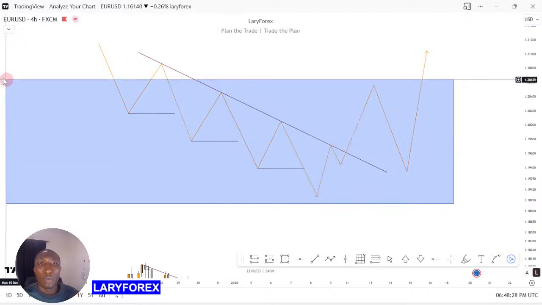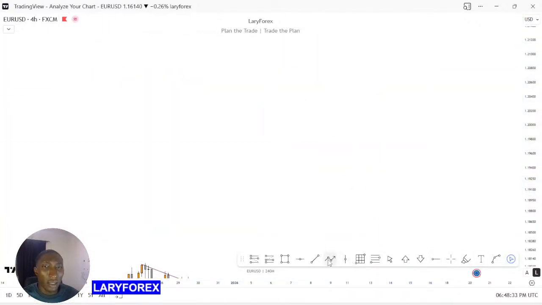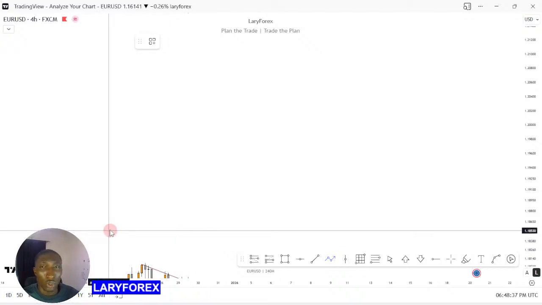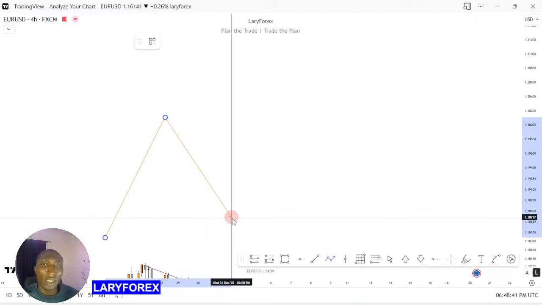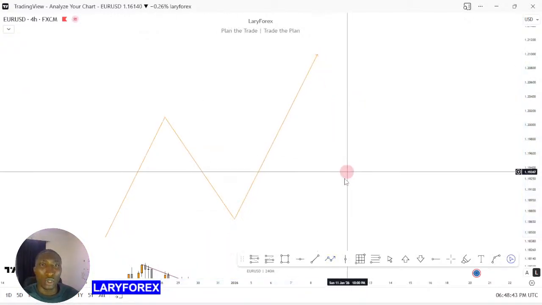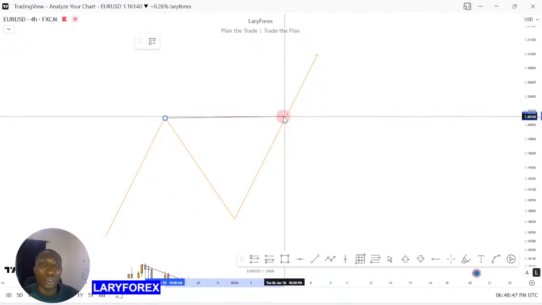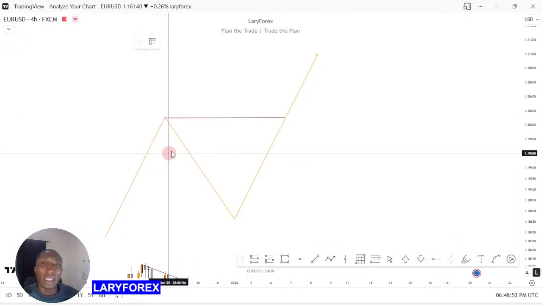But in this case, when I say that we have external structure and internal structure, this here is my external structure.